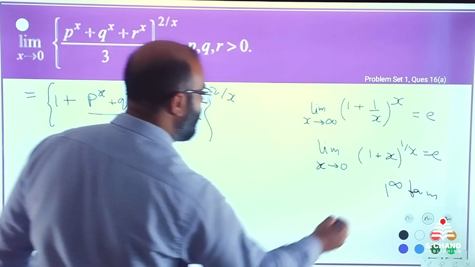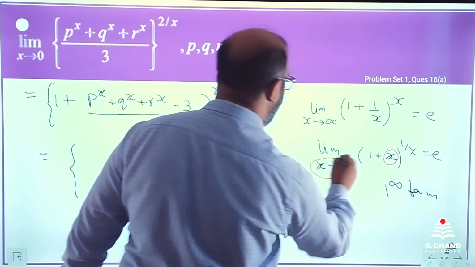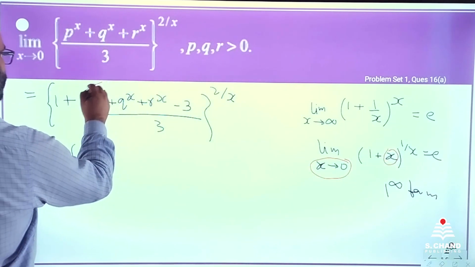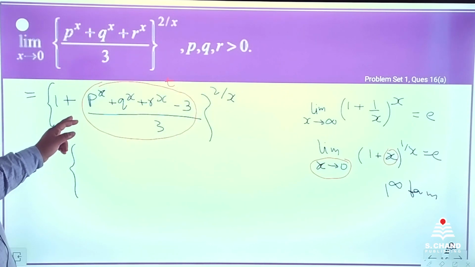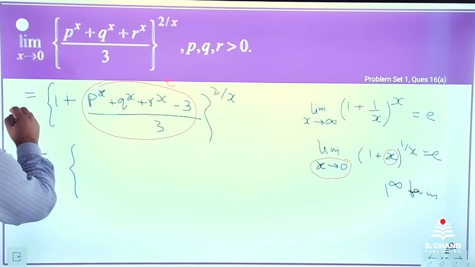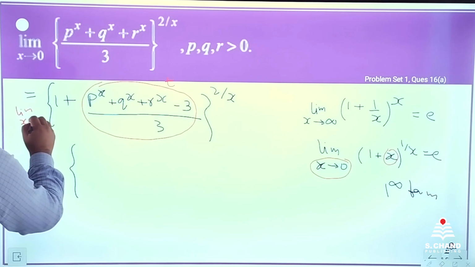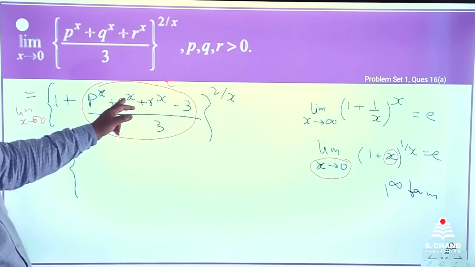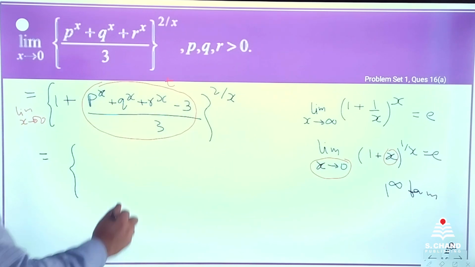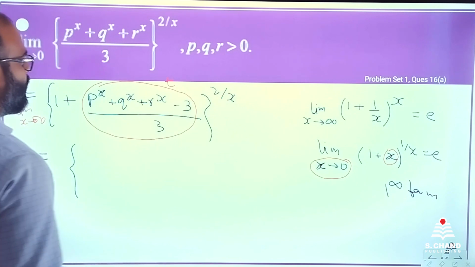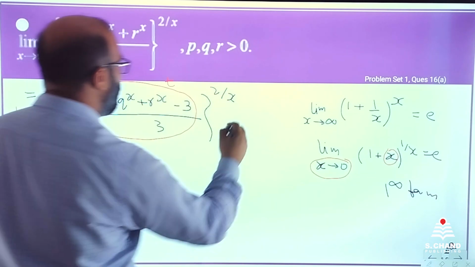As you can see, x is approaching 0, so let us suppose this is t. When x tends towards 0, this will become 1 plus 1 plus 1 minus 3, that is 3 minus 3, 0. Now there is a value 2 by x here. So in order to compensate for it, what do we have to do?